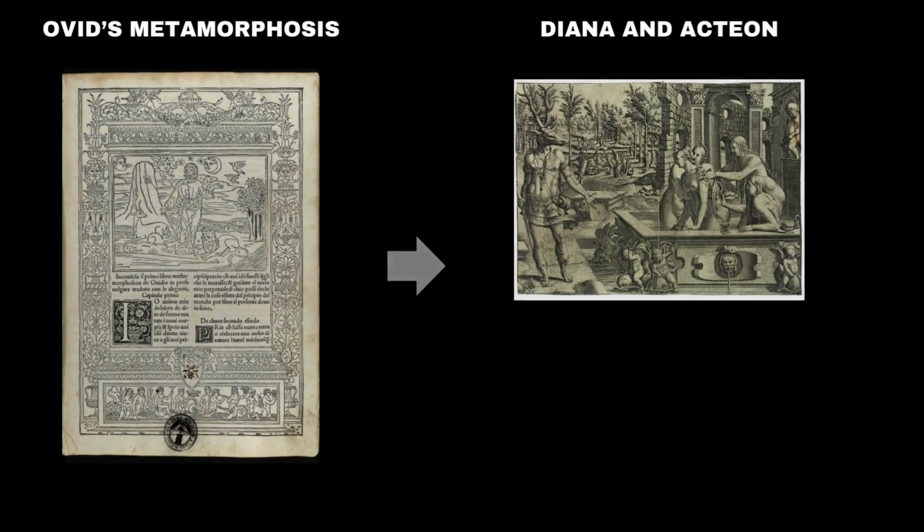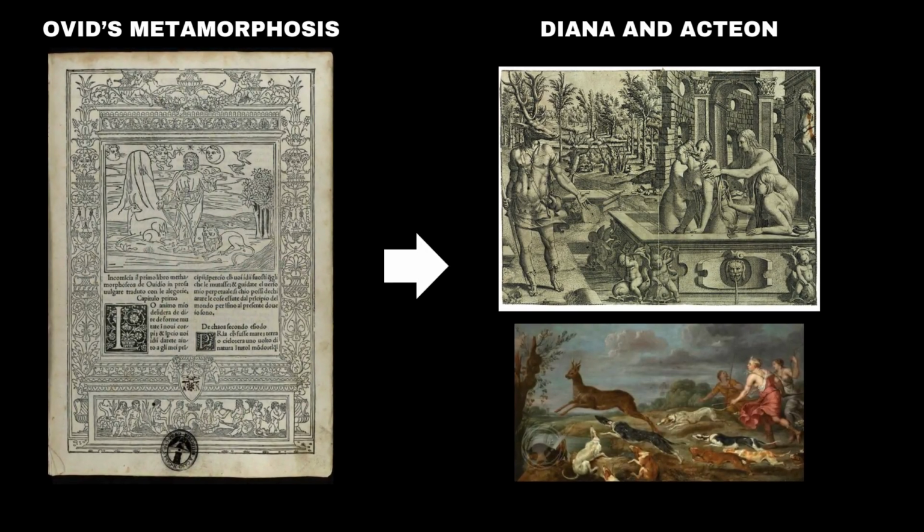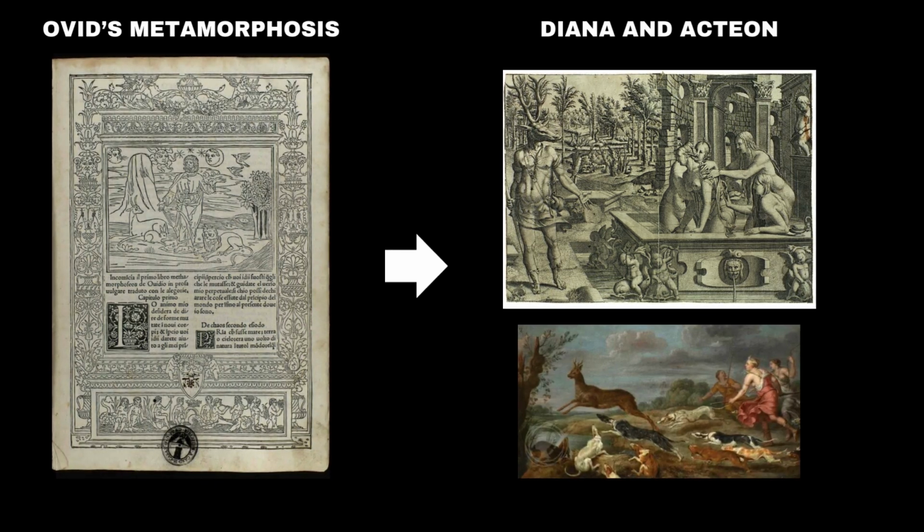In Ovid's Metamorphoses, Actaeon, a young hunter, accidentally stumbles upon Diana bathing naked with her nymphs. Enraged, Diana transforms Actaeon into a deer, and he is then killed by his own dogs.